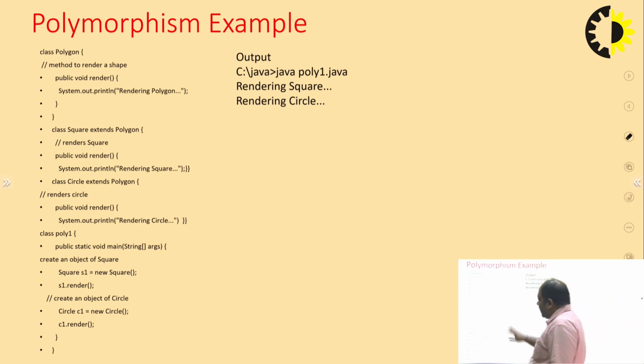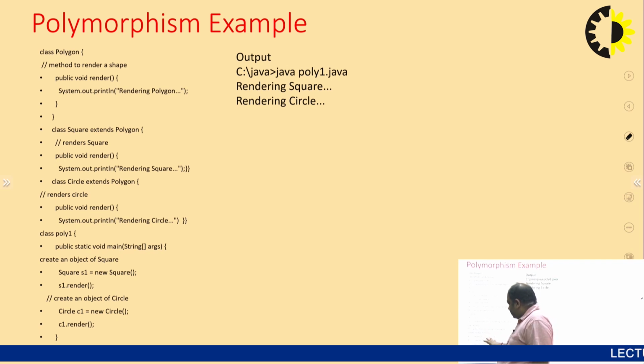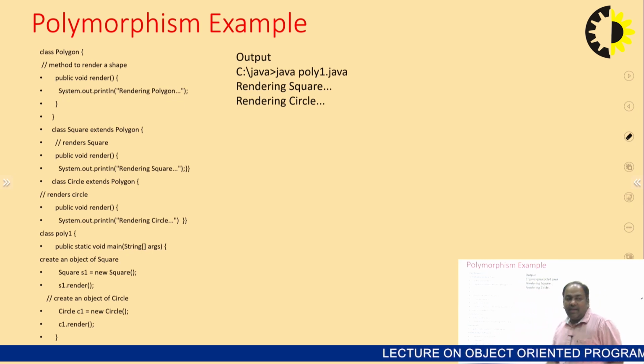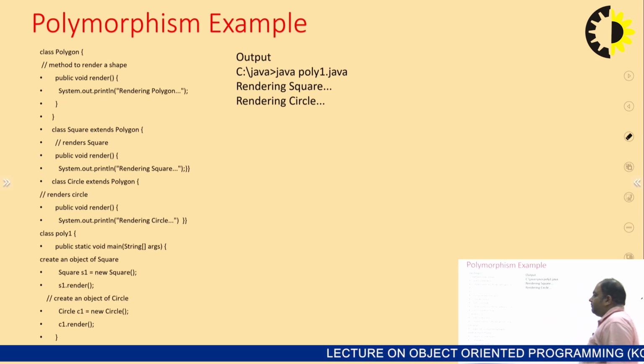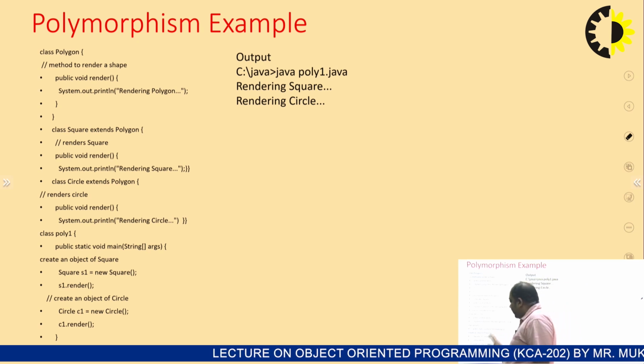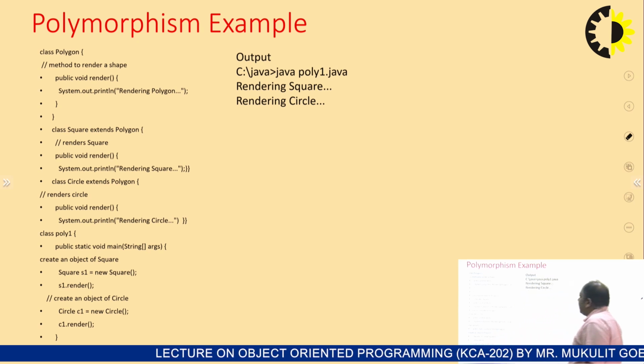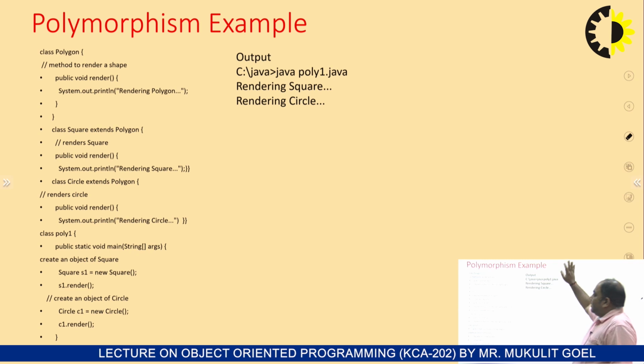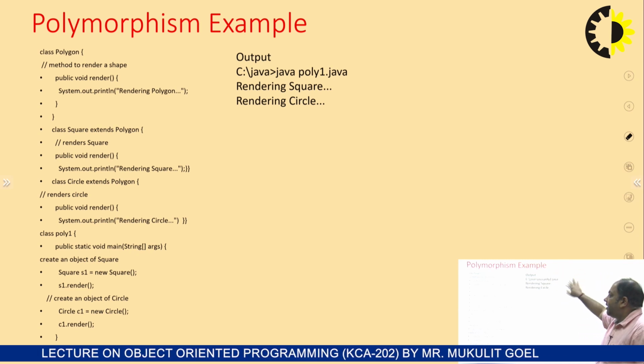So in the main class we create an object for the square, and we create an object for the circle, and after creating the objects of square and circle, we take the output, and it shows rendering square and rendering circle.